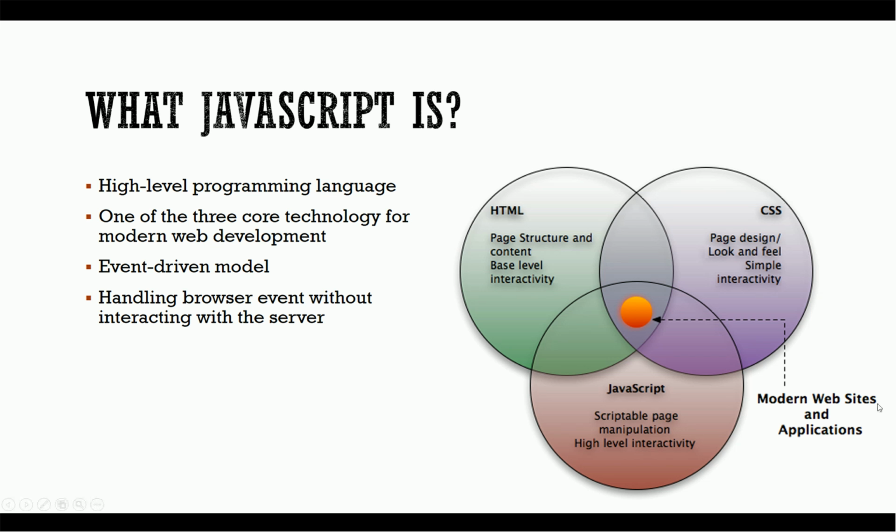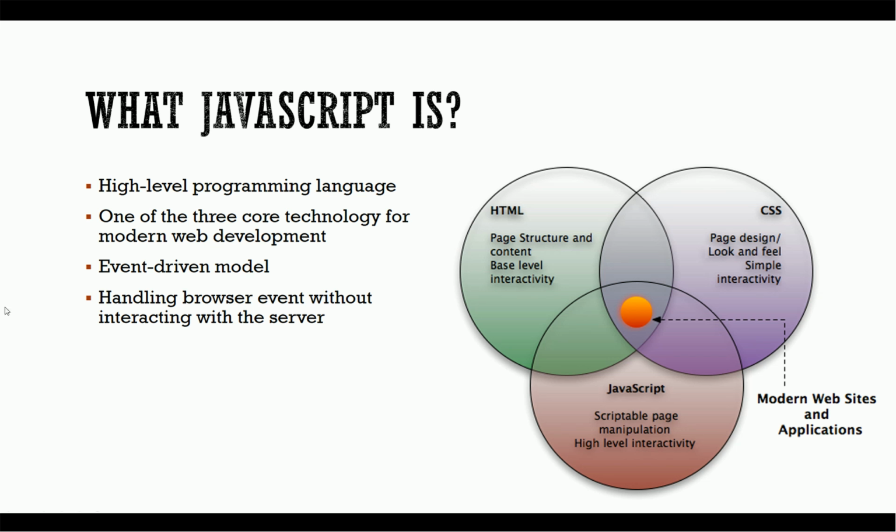So as you can see, modern websites and web applications, and that also means mobile applications, virtual reality or robot applications, as is the latest trend nowadays, can use these three technologies to write. So it's very important to know all of them.